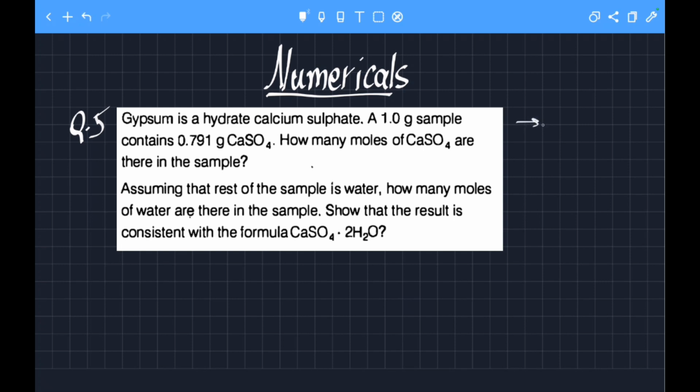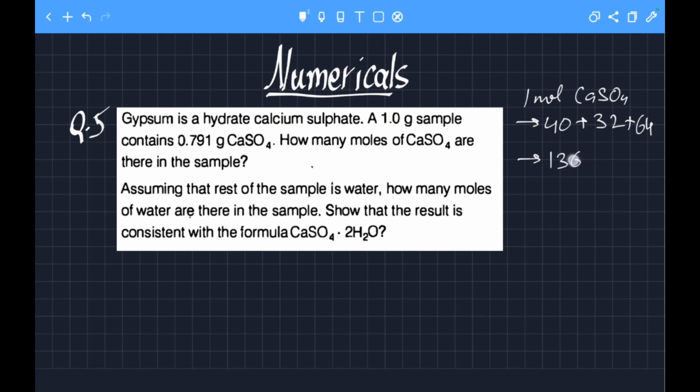So first of all let's figure out 1 mole of CaSO4 का मास क्या होगा. So calcium is 40, sulfur is 32 guys, and oxygen एक एटम का 16 होता है, एक मॉलिक्यूल का 32 होता है. यू कैन से देयर आर 4 एटम्स, so this is total 64.